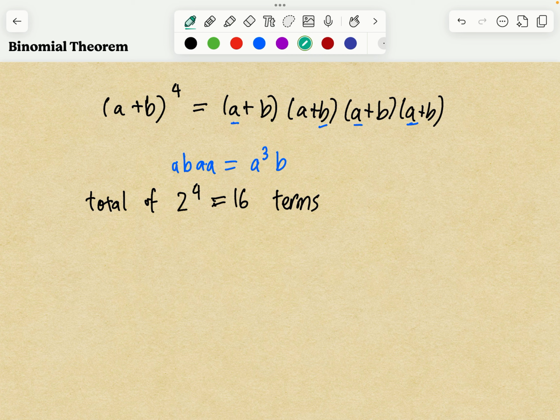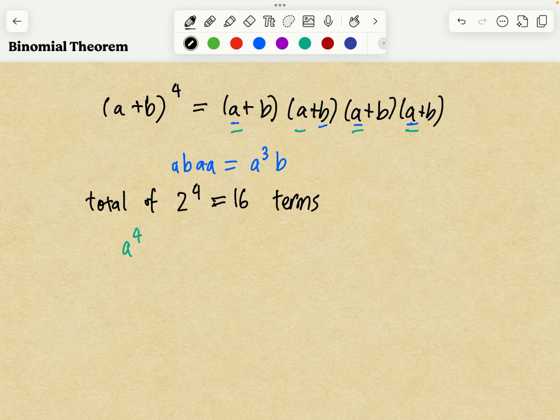So what would be the coefficient of a to the fourth power? The coefficient will be 1, because there's only one way to get a to the fourth power, and that's if you pick an a from each of the factors, and there's only one way to do that.